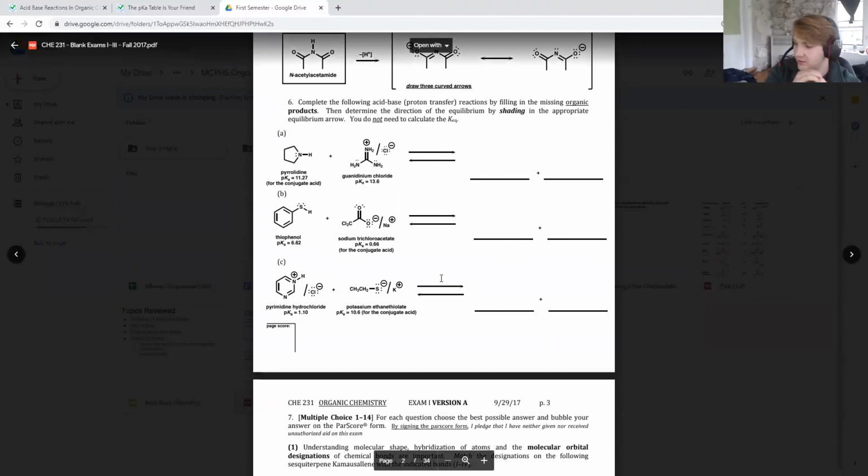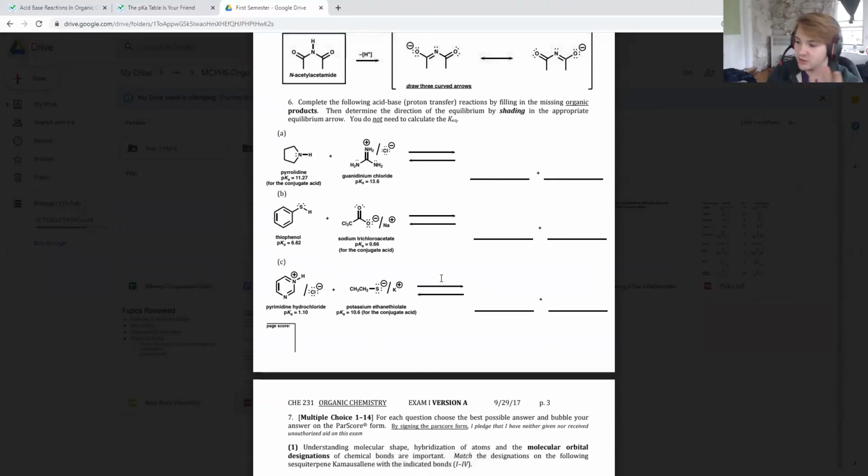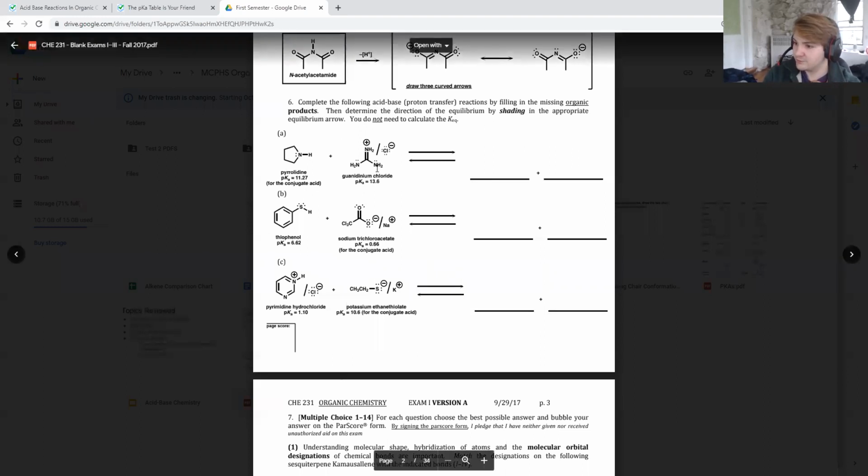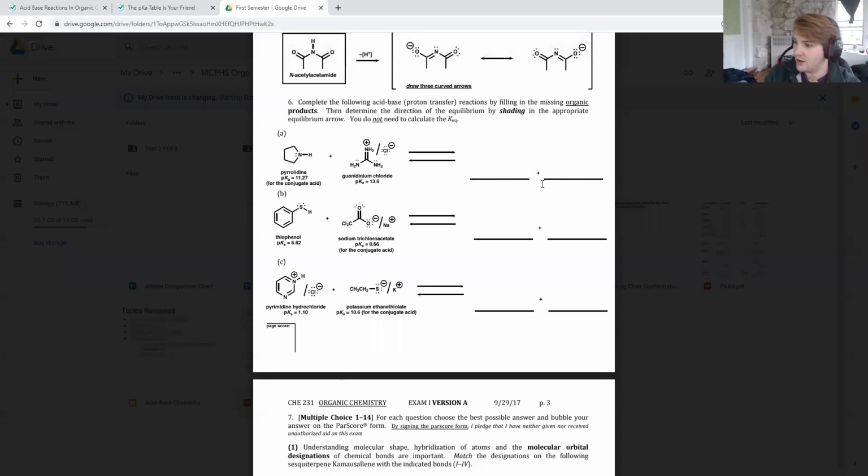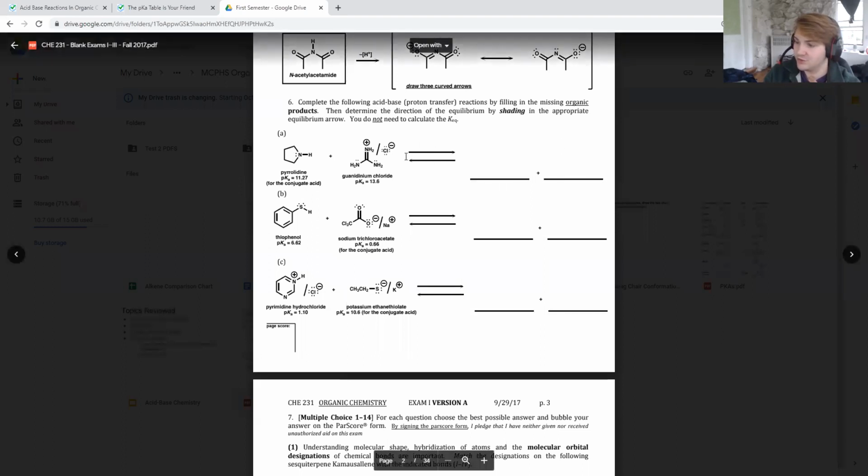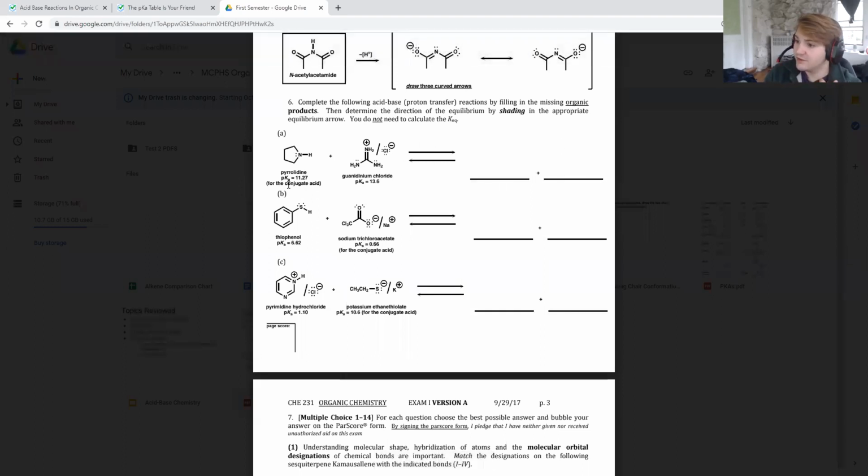And Shia's exam looks extremely similar, so it's going to be the same. You're going to have 2 structures, and here are the 2 blank spaces, and you have to choose the arrow. Also, he puts it so it says for the conjugate acid. So this tells you, okay, this pKa is not describing this structure, it's describing the other one.